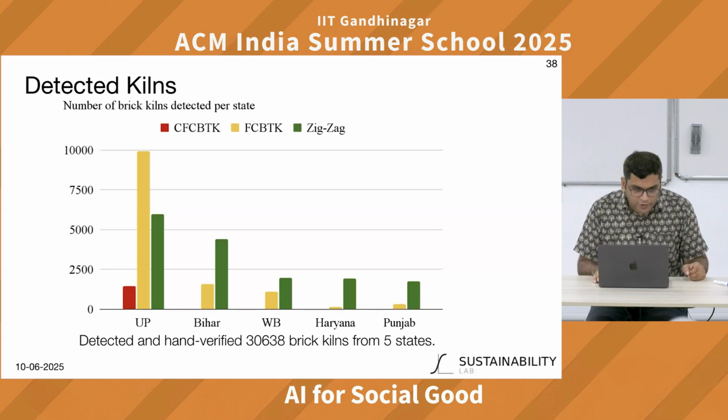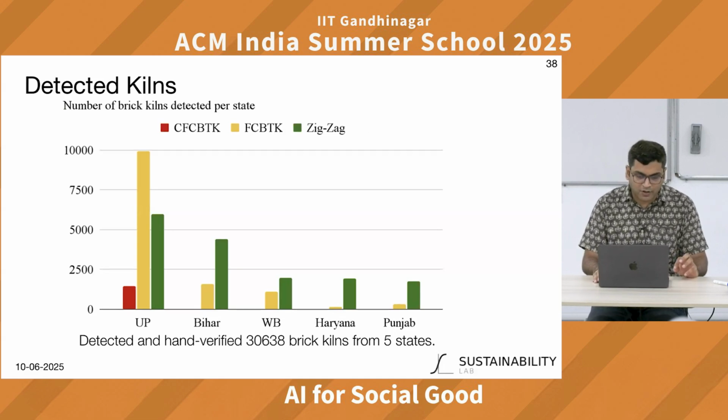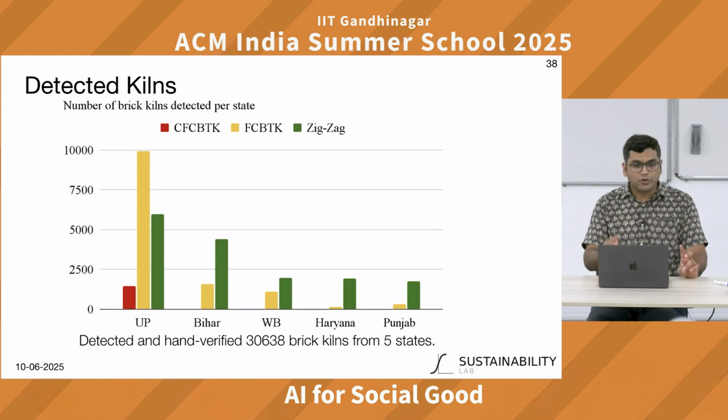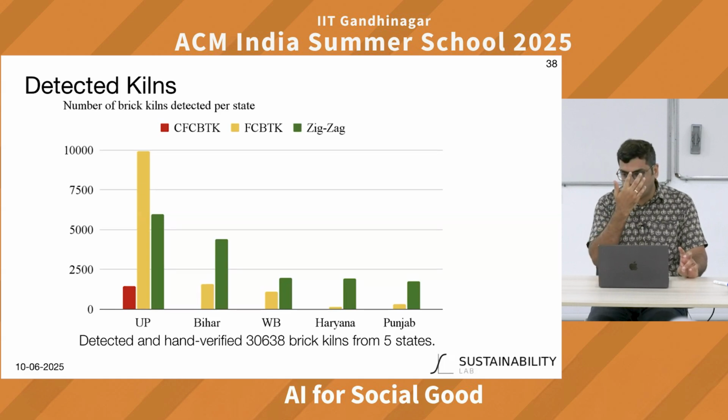So if we looked at the final number of kilns detected per state, you'd see UP, Bihar, West Bengal, Haryana, Punjab, you can see the numbers. And you can also see that FCBK for UP is significantly more than the others. Whereas for Bihar, you can see that the zigzag is much better. So therefore, sometimes it's a case of the initiatives taken.